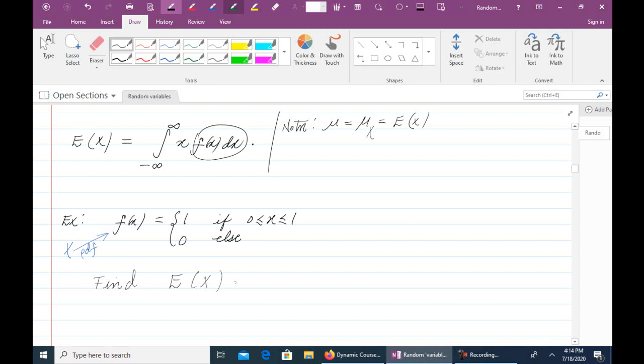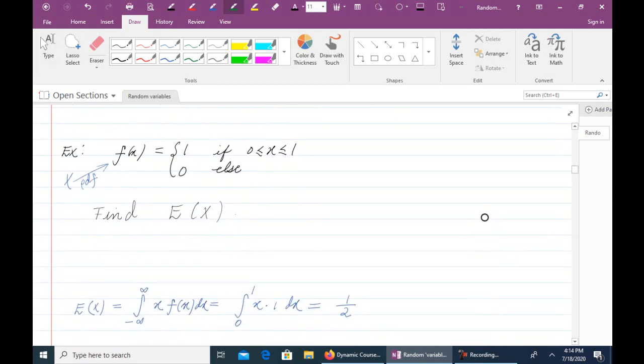So how do we do that? Well, we just use the formula for the expectation. The expectation is the integral from negative infinity to infinity of x times f of x dx, but because f of x is 0 unless x is between 0 and 1, this integral reduces to the integral from 0 to 1, in which case f of x is just 1, so we get the integral from 0 to 1 of x dx, which if we calculate would be just half.